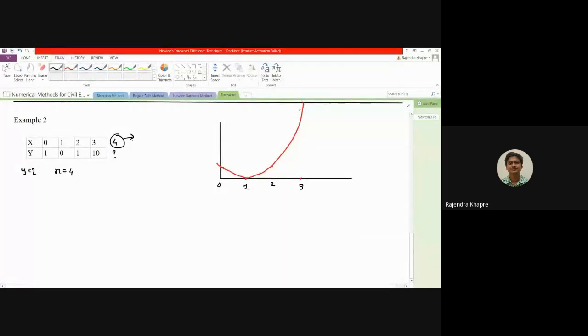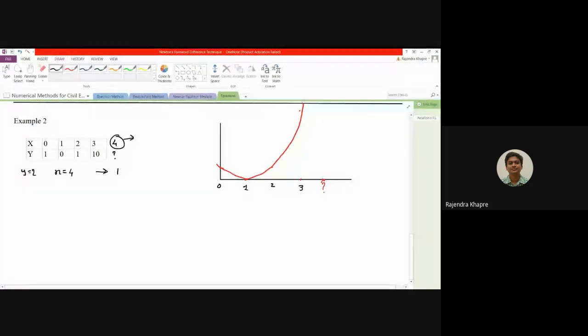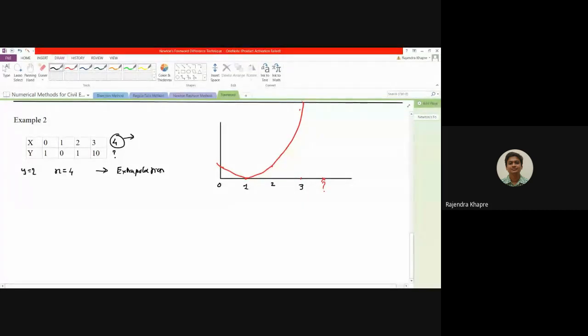So we need to find out the value of y over here. Since it is not lying within the data set, this method will be called extrapolation. For extrapolation, the same equation is applicable.